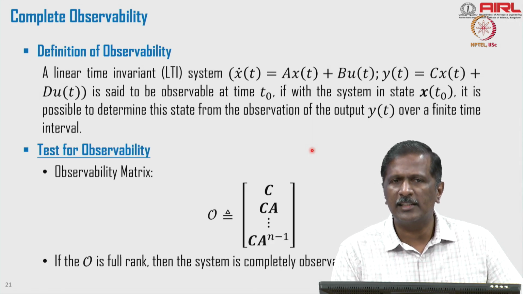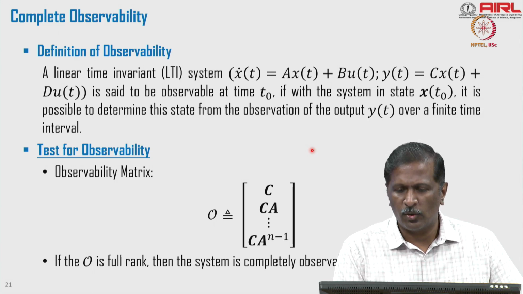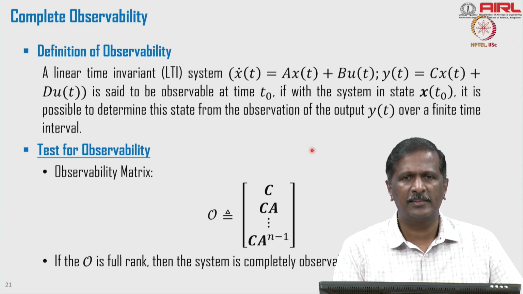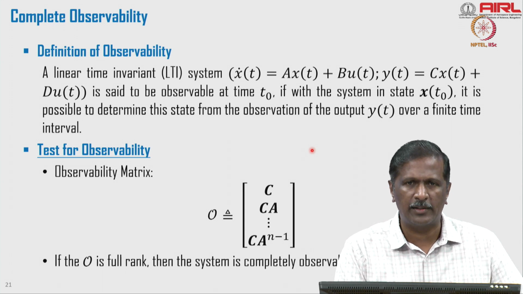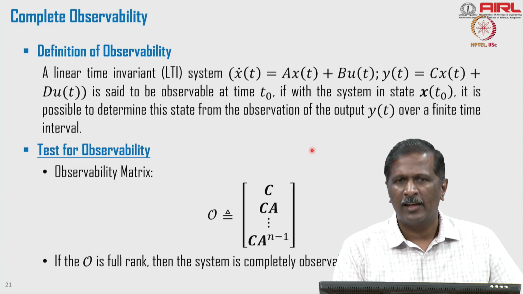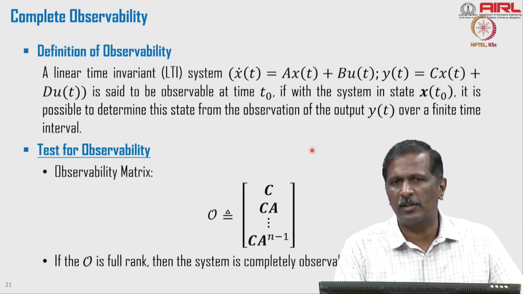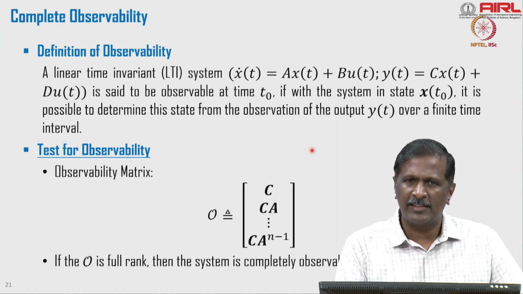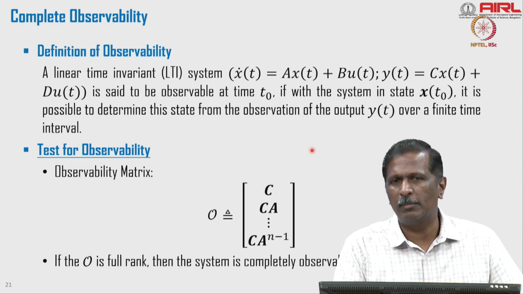How do I test this observability? Again, I will create an observability matrix O. I will take the rows C, CA, up to CA power n minus 1. Remember, C is a matrix; if there are m outputs, C could be m cross n. C times A is m cross n times n cross n, so you will get m cross n.